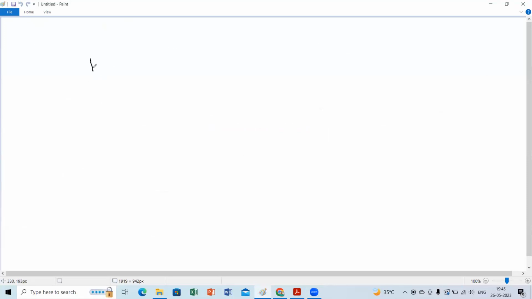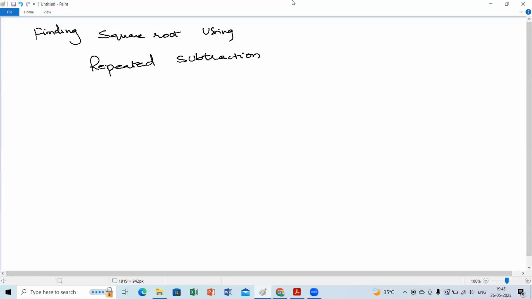So, repeated subtraction, you have a doubt. Finding square root using repeated subtraction. Good. Children, others you can do, I'll just help Pranav.